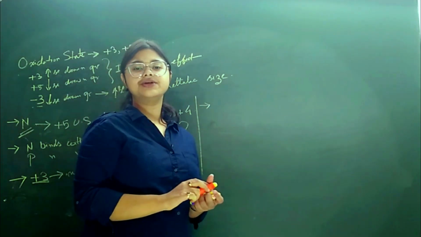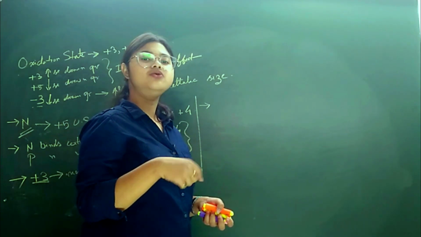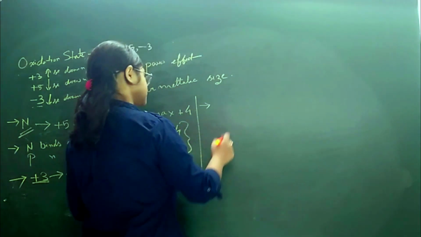When nitrogen reacts with acid, it disproportionates into +1 to +4 oxidation states.